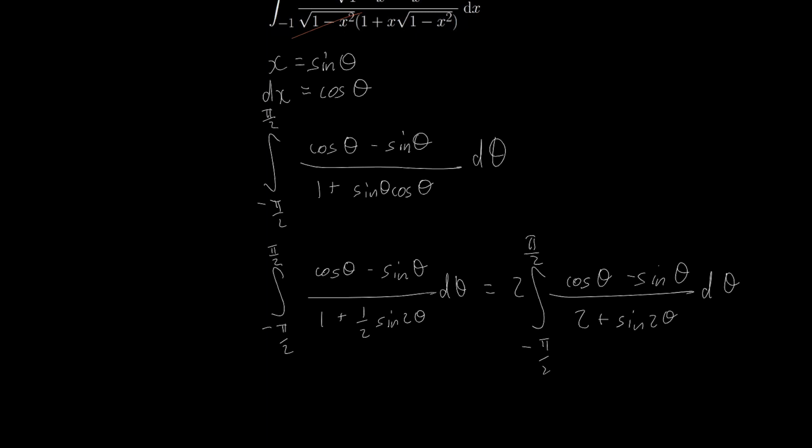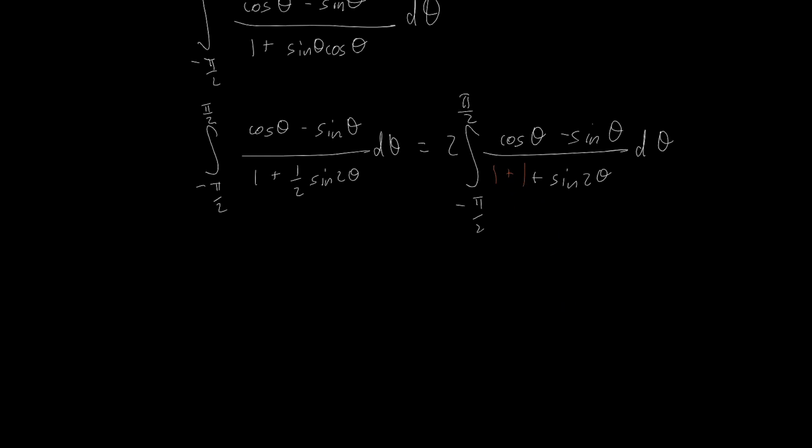Okay. Now I want to quickly write this 2 as 1 plus 1. And the reason why I'm going to do this is we can isolate 1 plus sine 2 theta. So first, if we take a look at 1 plus sine 2 theta for a second, we can write this 1 here as cos squared theta plus sine squared theta.